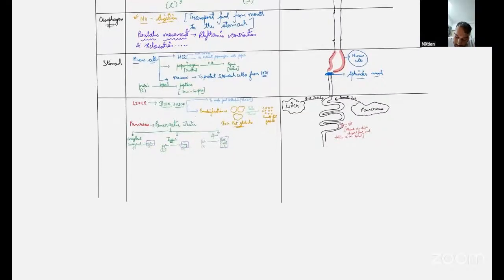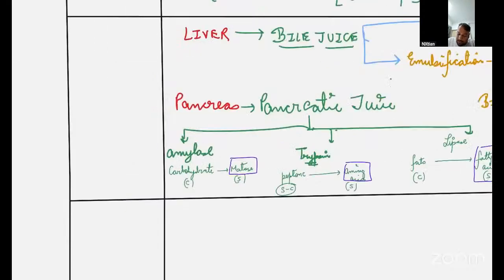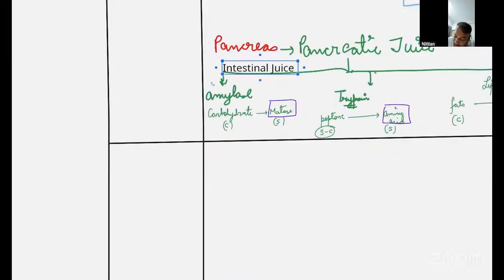Now the food will go on. So we have the liver, we have the pancreas, and I will write intestinal juice here also.